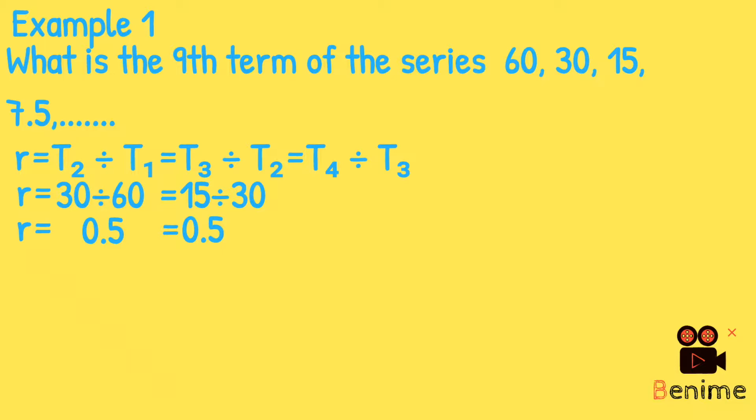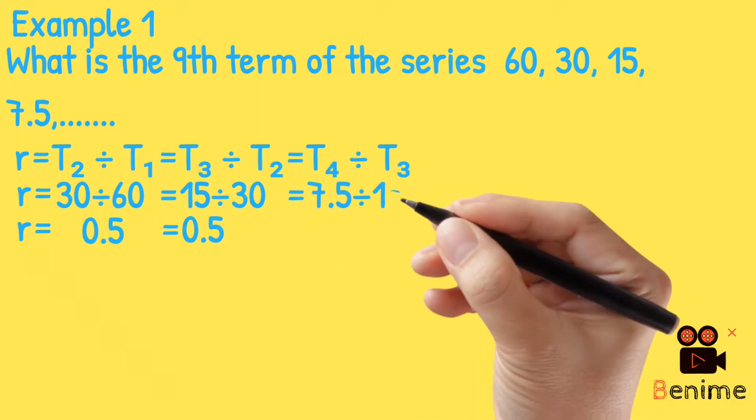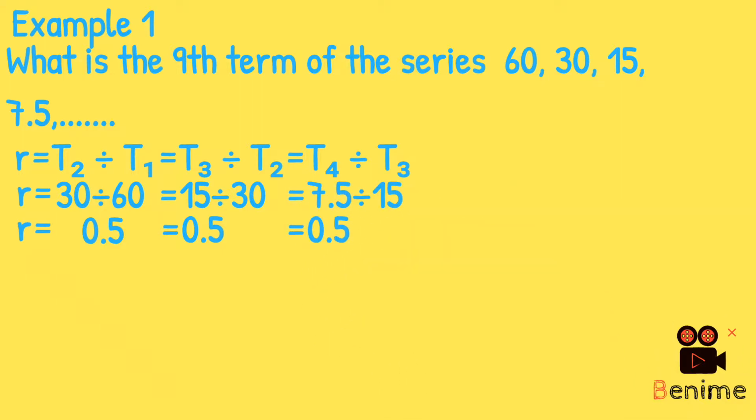If you use the third formula, T4 divided by T3, T4 in this case is 7.5, T3 is 15. 7.5 divided by 15, you still get 0.5. So the ratio is common in all three places. So you have a common ratio here, and your common ratio, that is R, is equal to 0.5.